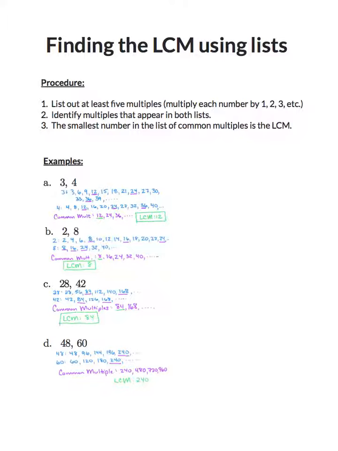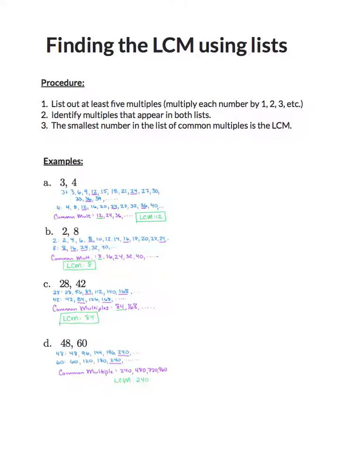And as you can see on the last two examples, this can be rather involved if your numbers are larger. Your common multiple is going to be even bigger. And so you do want to be careful when creating these lists. You do want to make sure that you are careful in your multiplications, because for instance, if I had multiplied 48 by a number incorrectly, then that's going to throw off the whole thing and make it a lot harder to find your common multiple.